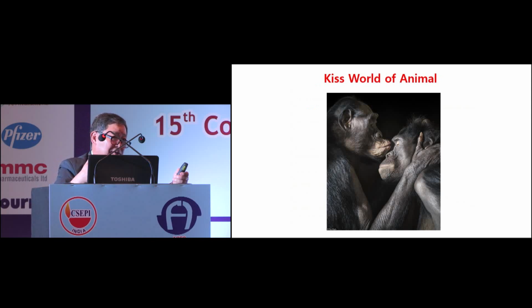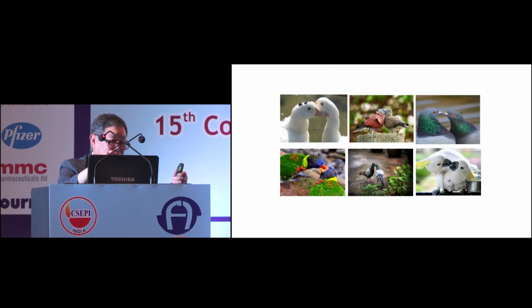Kissing is also a very important tool to share familiarity among animals, by humans' idea, humans' conception. Birds are a very important race as monogamous animals, like a pigeon that continues with one partner during their life.